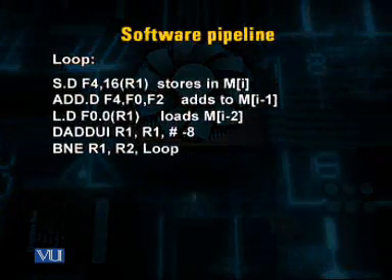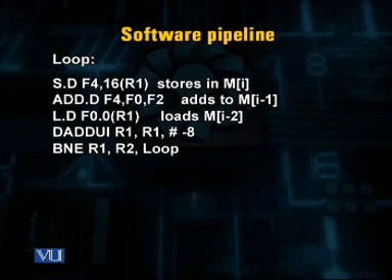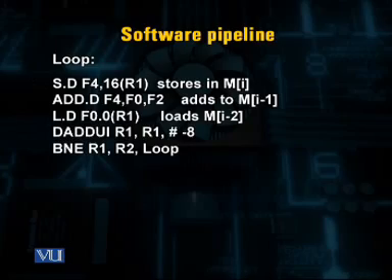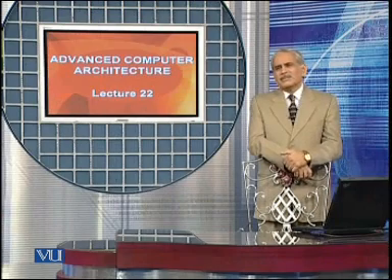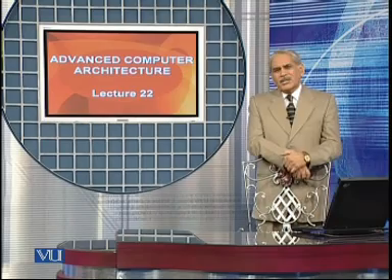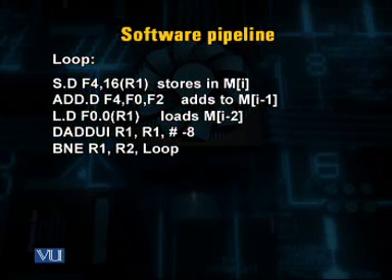Similarly, for finish up, we need to execute 1 instruction from iteration 2 and 2 instructions from iteration 3. The instruction from iteration 2 is the store instruction, and the instructions from iteration 3 are the add and store instructions. This loop takes 5 clock cycles to execute per result.